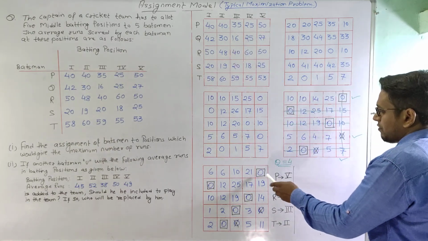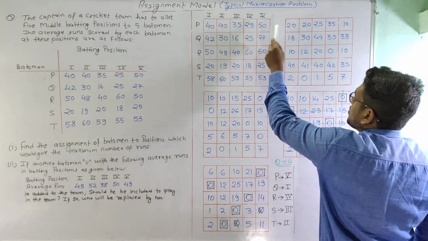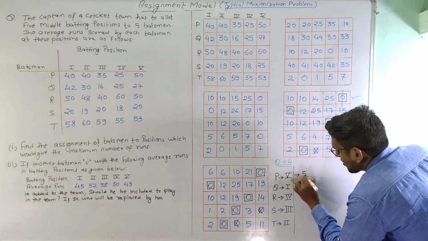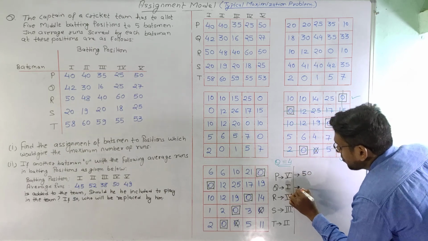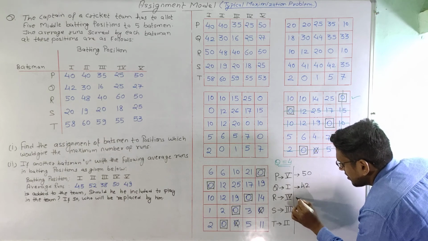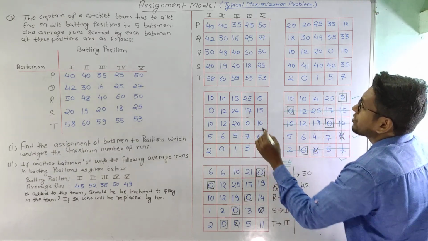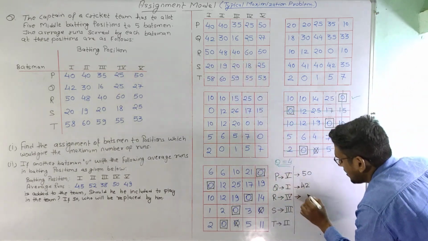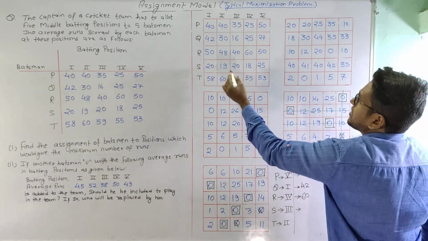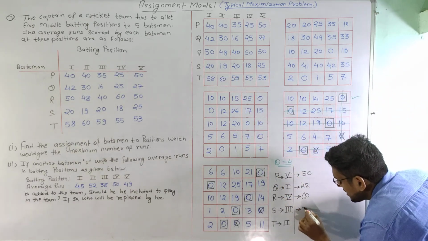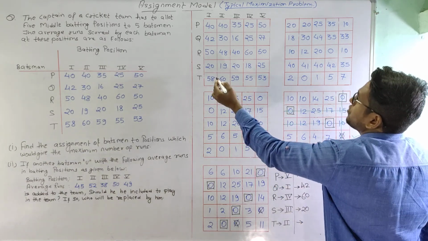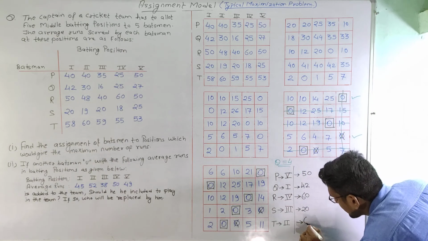So for cell P5, the value here is 50. Similarly for Q1, we have the value as 42. For R4, we have the value as 60. For S3, we have the value as 20. And for T2, we have the value as 60.